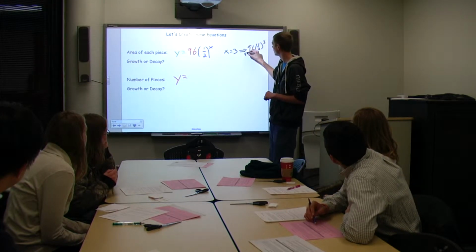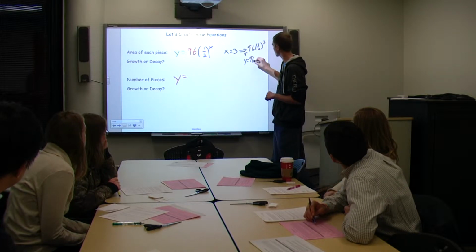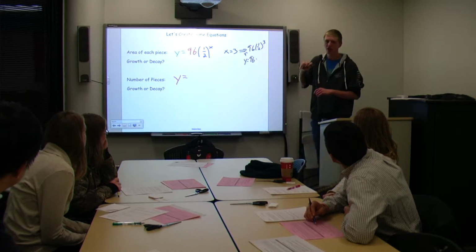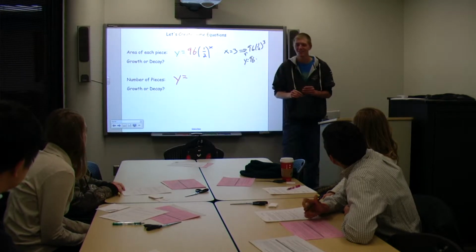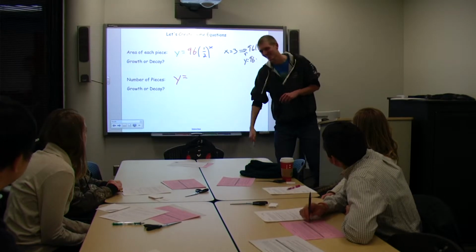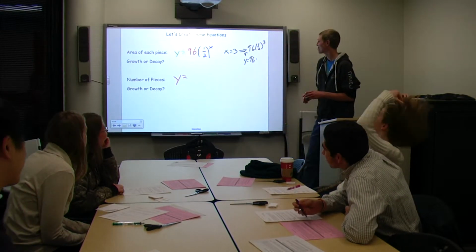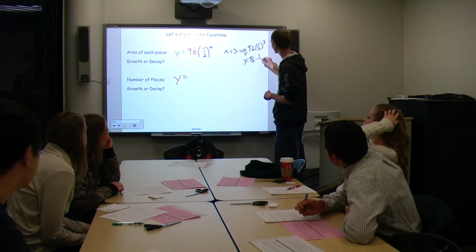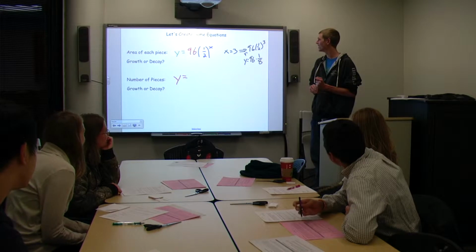So that means that y equals 96 times, does anybody know what 1/2 to the 3rd is? 1/8. Thank you for raising your hand, Hillary. Yes, it is 1/8, good, okay? So 96 times 1/8. Would I multiply 96 times 1/2 first?